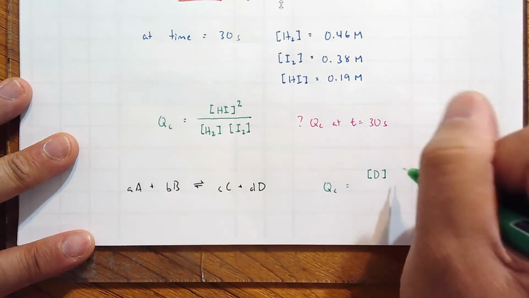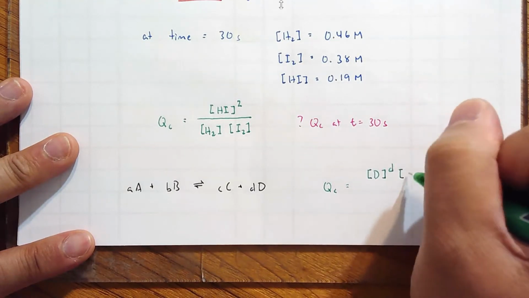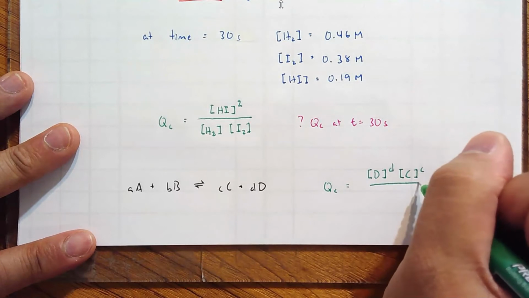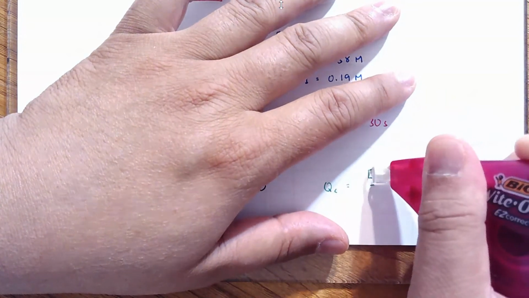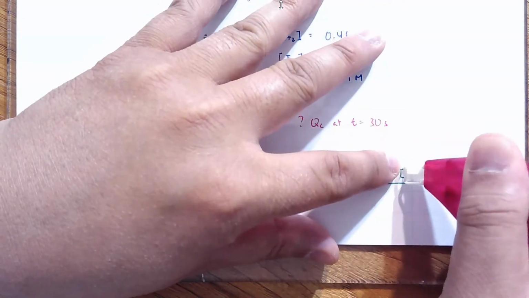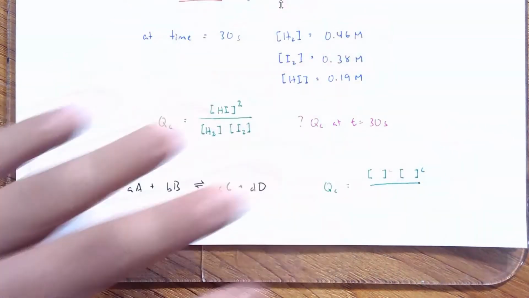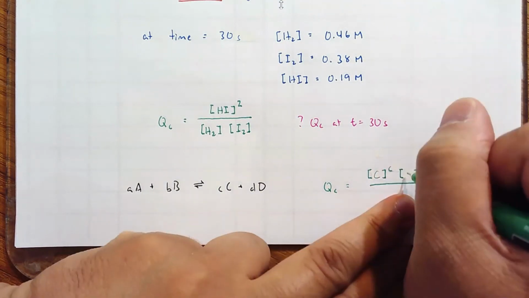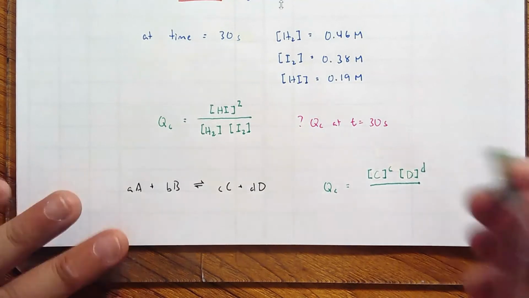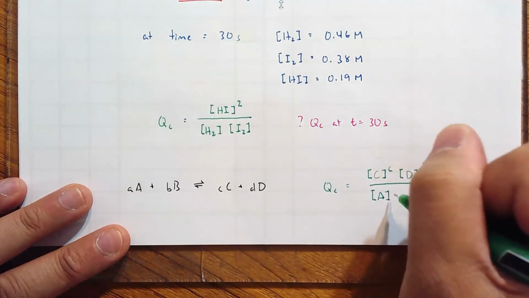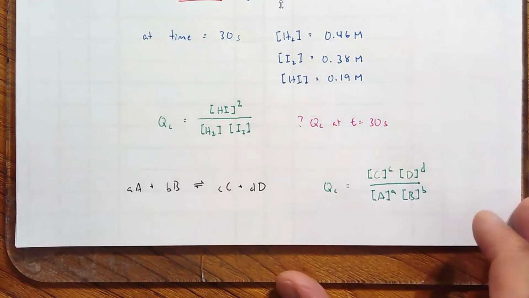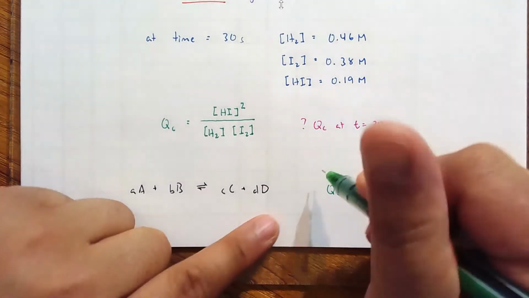So C to the c, D to the d, A to the a, B to the b. Let me put C first. Again, C exponent c, D exponent d, over A exponent a, B exponent b. Okay, we'll put that in a box.